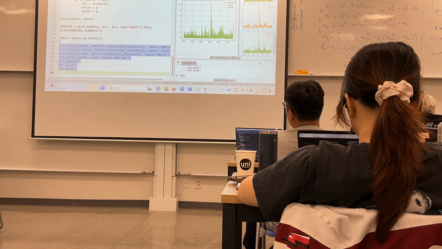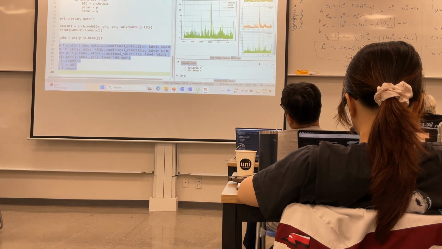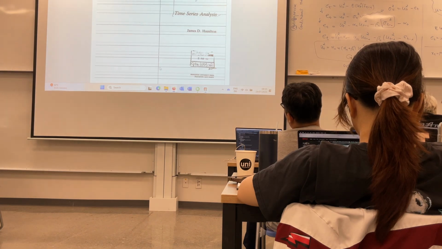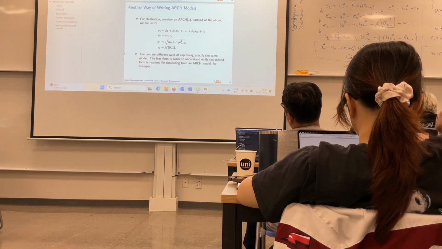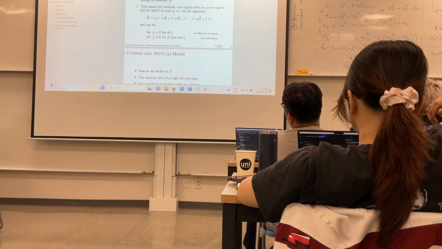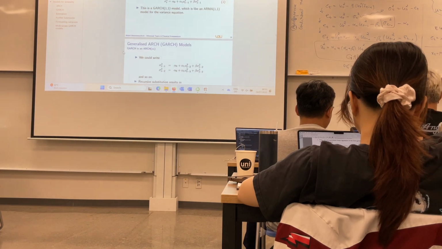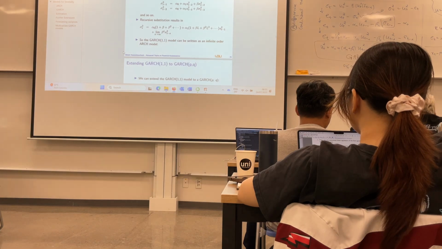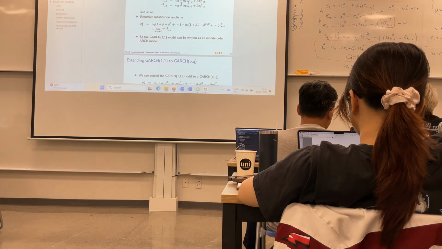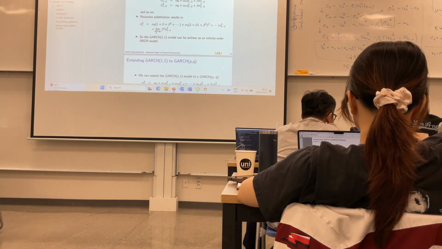So as such, let's maybe continue a little bit with the slide. So there was the Arch, and then we basically have the Garch. With some estimations, one can show that the Garch is an infinite Arch.